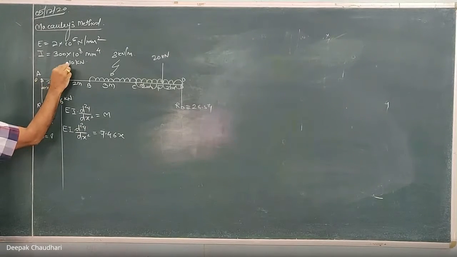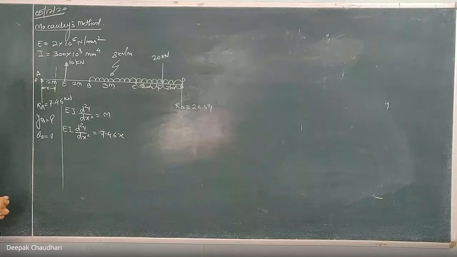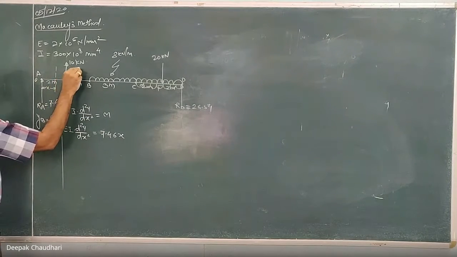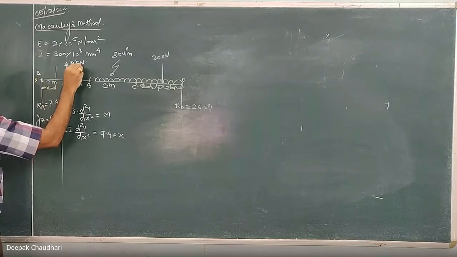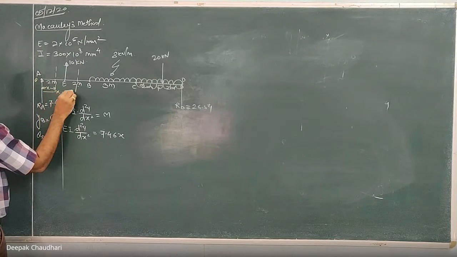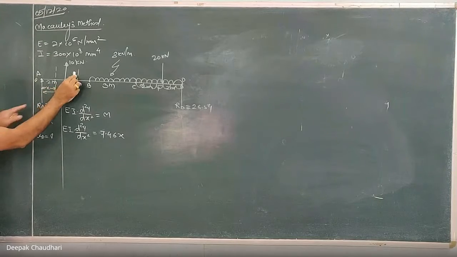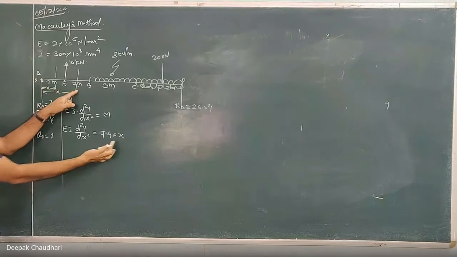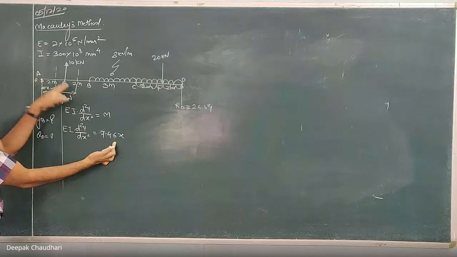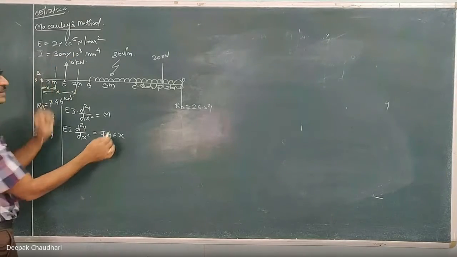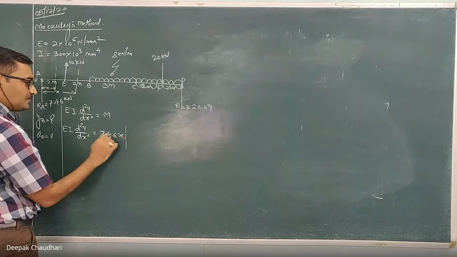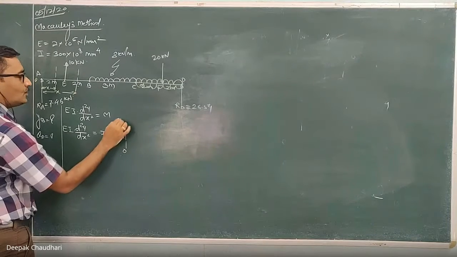Then because of this 10 kilonewton force, after E, the equation of the bending moment changes. So let's take another section between E and B, which is again at a distance of x from origin. What will be the equation of the bending moment here? It is 7.46 into x, which is already written here, and the moment of this 10 kilonewton, which is also sagging. This equation 7.46x was valid from 0 to 2 meter.